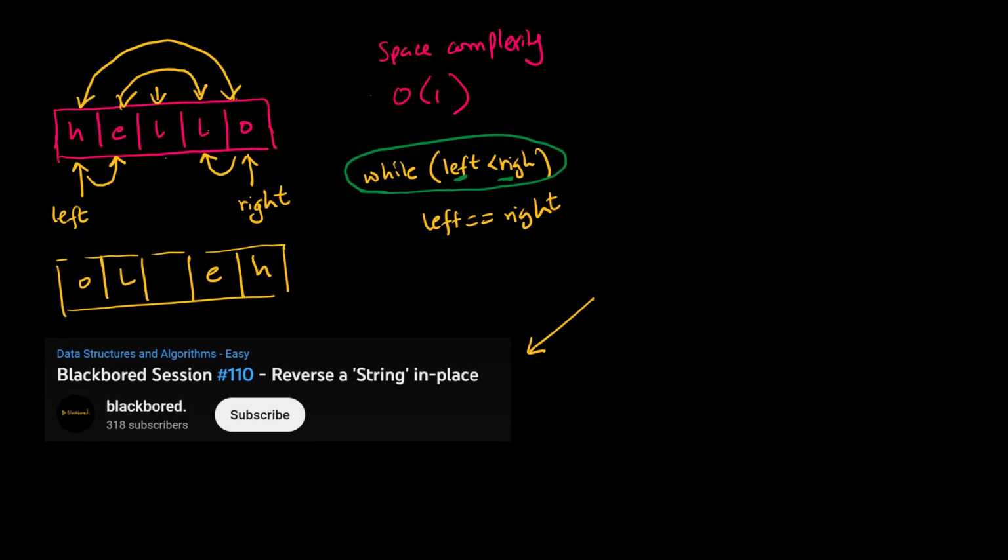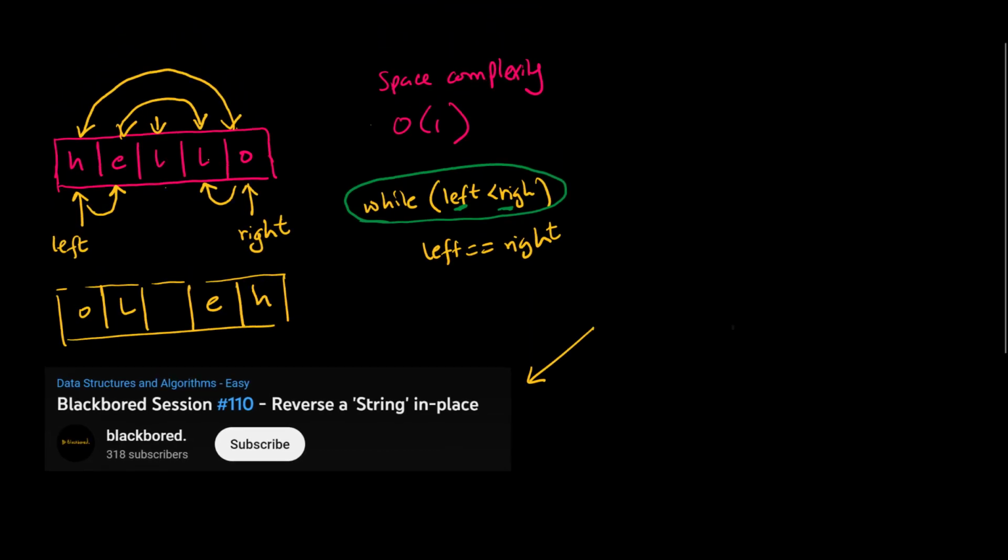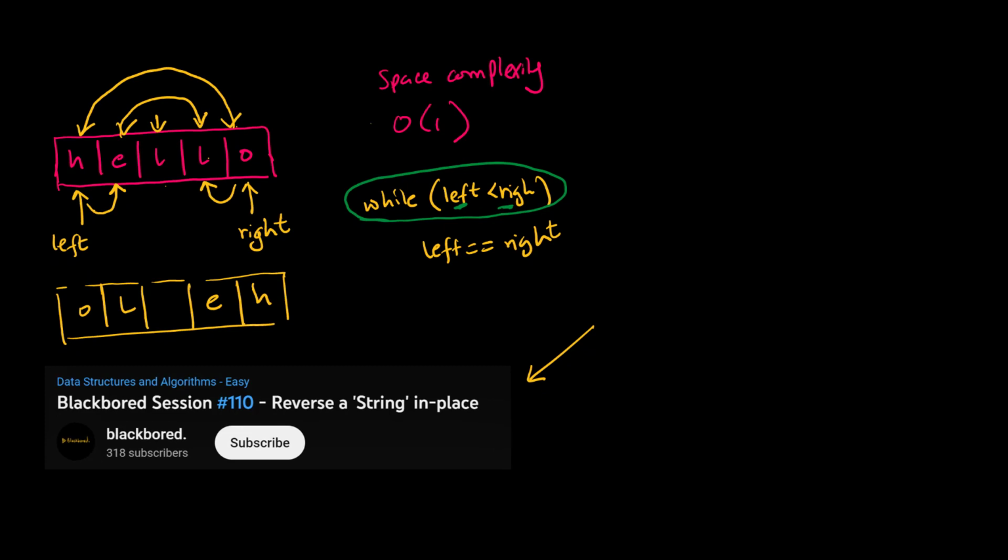So a recap from the previous one: we have a pointer at the beginning and a pointer at the end, and then we keep decrementing the right pointer and incrementing the left pointer, swapping each of the positions until we get to the middle, basically where left is no longer less than right, where left equals right.